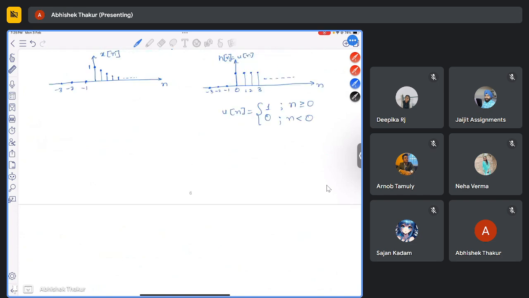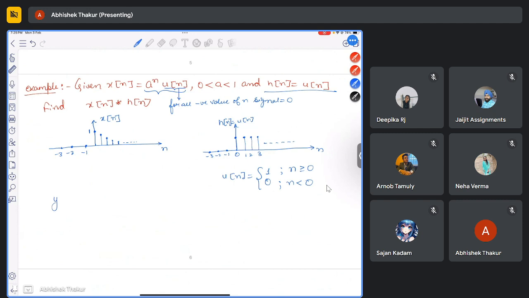So we will write y[n] is equal to x[n] convolved with h[n]. So this can be given as the summation of x[k] h[n minus k], with k from minus infinity to plus infinity. Okay.